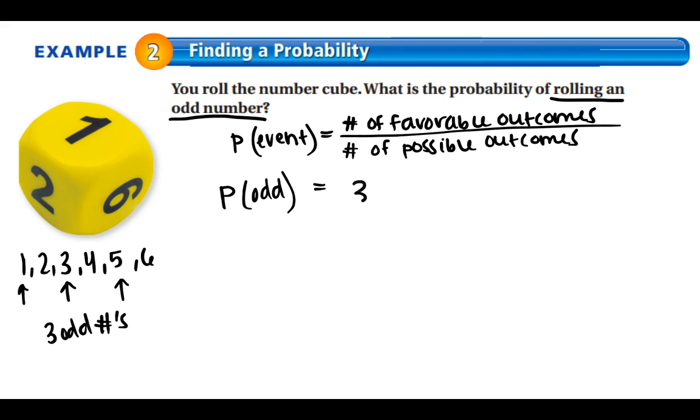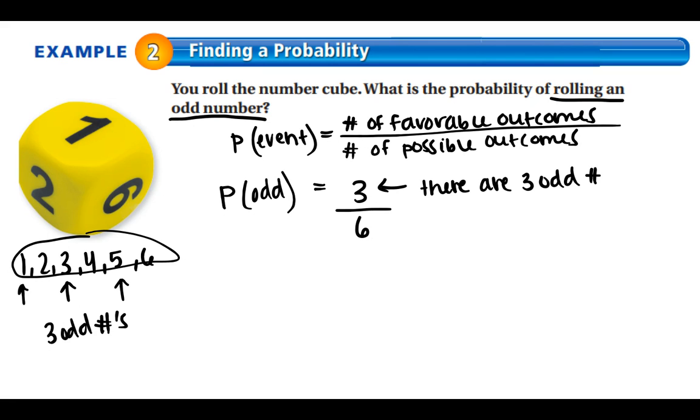So we're going to write 3 there, okay, over the number of possible outcomes. I know that there are 6 total options, and let's make sure we label this so you know what we're writing. So there are 3 odd numbers. And then the total possible is there are 6 total numbers.